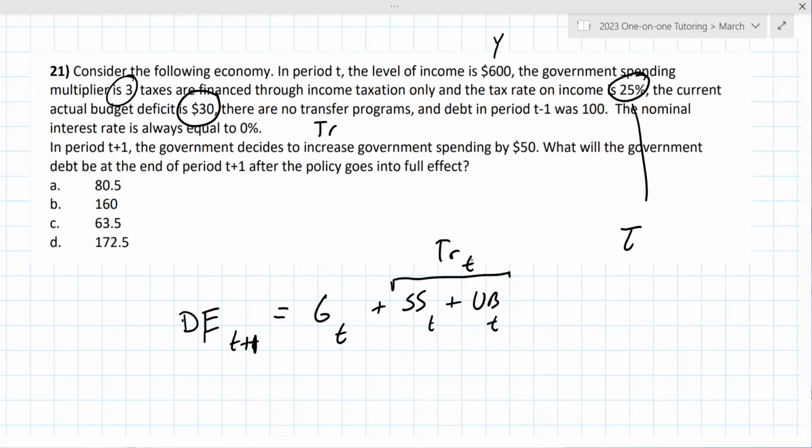And then there was more here. Sorry, just trying to find that. Then there's my G plus SS plus UB, but then there's taxes somewhere.